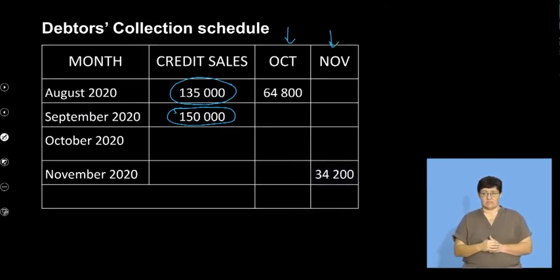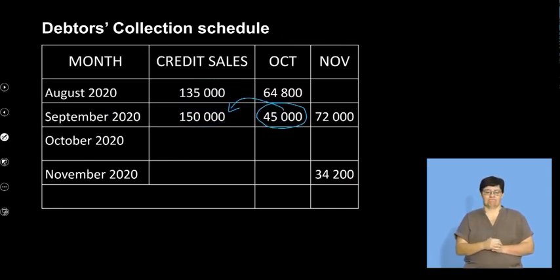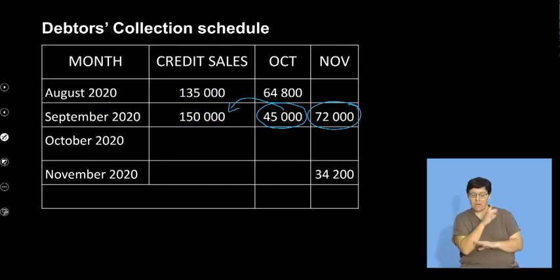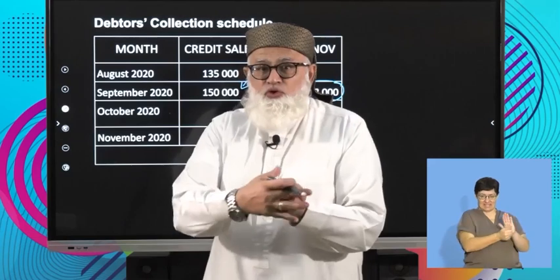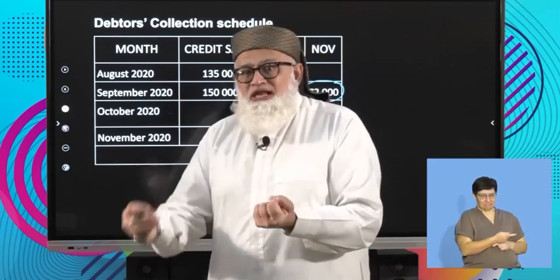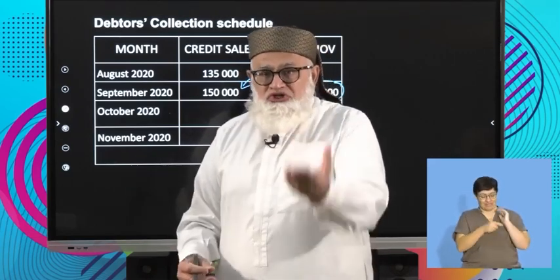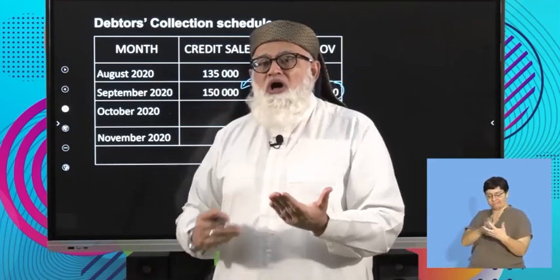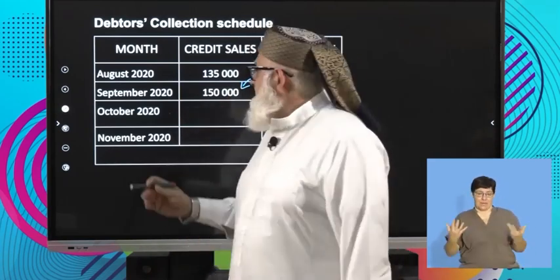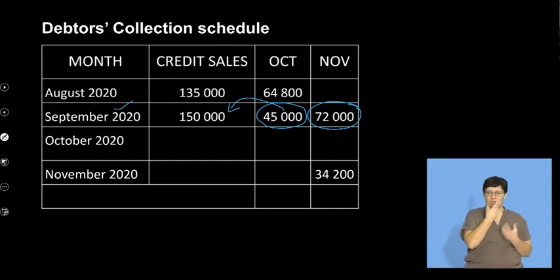Let's do that. So we can see that that figure is 72,000. Let's go into my calculation. There's my 72,000 Rand. So clearly you can see what we are doing. We're using the base month as the month of sale, whichever you are expected to calculate. You're then applying the conditions as to how our debtors are paying us. So there we have September done and dusted.